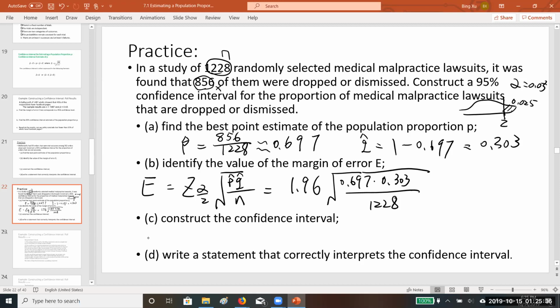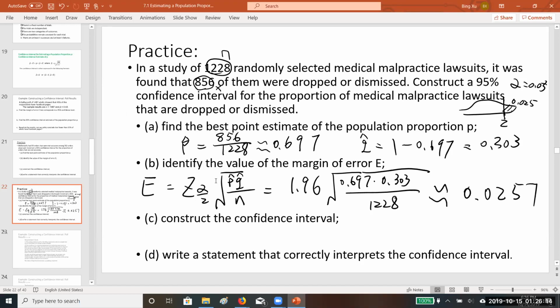Just a second. 0.697 times 0.303, then divided by 1228. So equals whatever this number times 1.96. So I get 0.0257, some number like that. Yeah, I got the same.